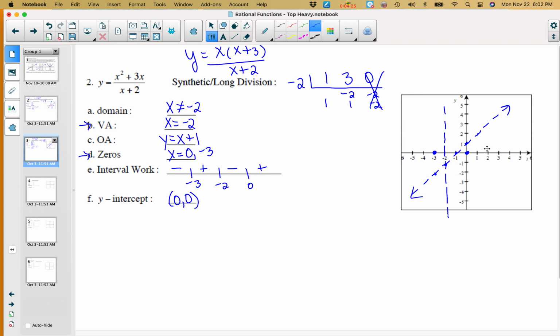So we have this. So it needs to be negative to the left of -3 and then change to positive. So hopefully you see it's going to do something like this. And then negative between -2 and 0, and then it changes to positive. So it's doing something like this.